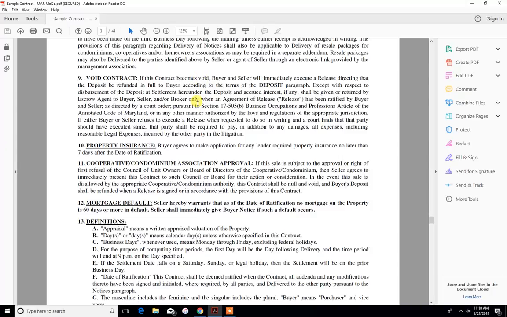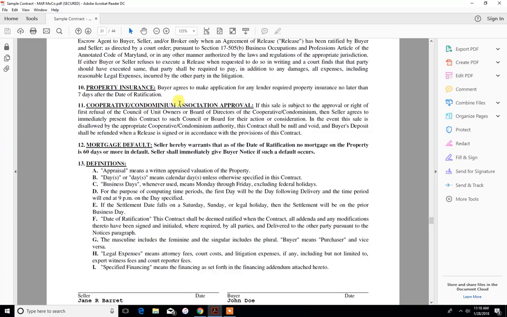But please understand that you don't automatically get your earnest money back. As it says here, there has to be a release signed to get the earnest money back, and both sides have to sign it. If it's done during the contingencies, sellers really don't have a leg to stand on. It's not a problem. If you're a week away from settling, you're probably going to have a big problem trying to get this back, because you can't void the contract.